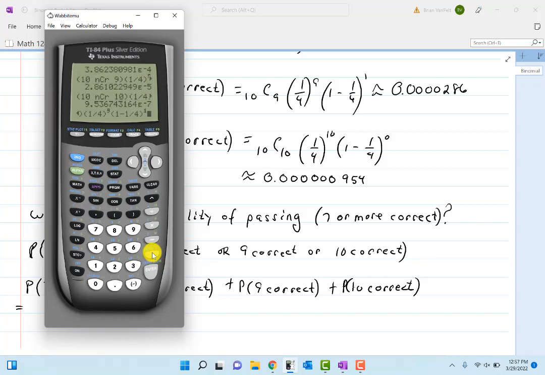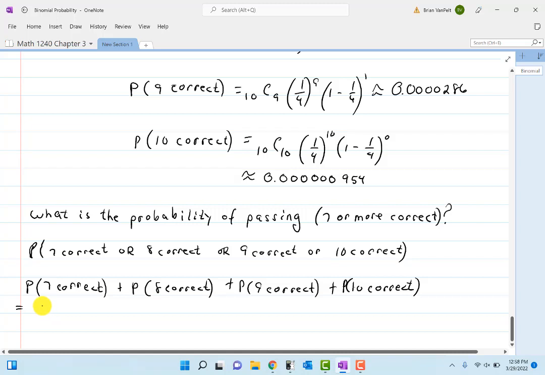There it is. And let me put a plus after that. And then 10 correct. And then hit enter, because I'm adding them all up. So here I have about 0.0035. Or as a percent, 0.35% probability of passing the course, of passing the exam.